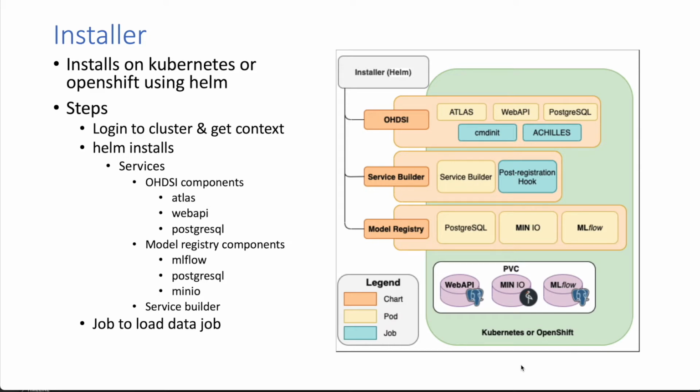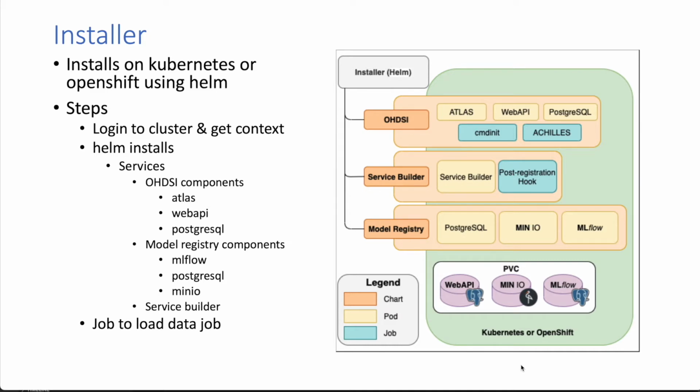It installs model registry part, which is MLflow, database, and object store, MinIO, and service builder. And to persist all the data used by different services like object storage, MinIO, databases, we use persistent volume claims.